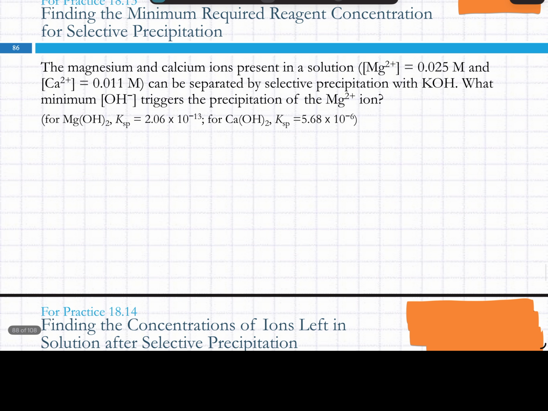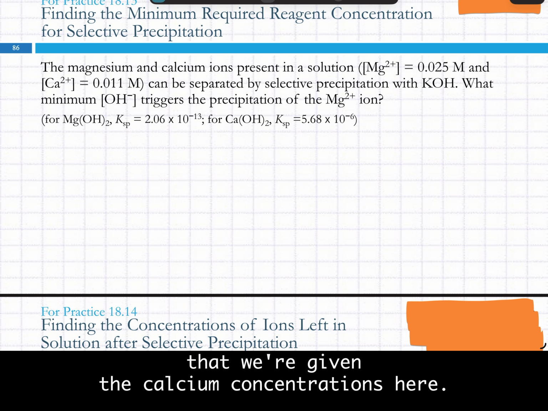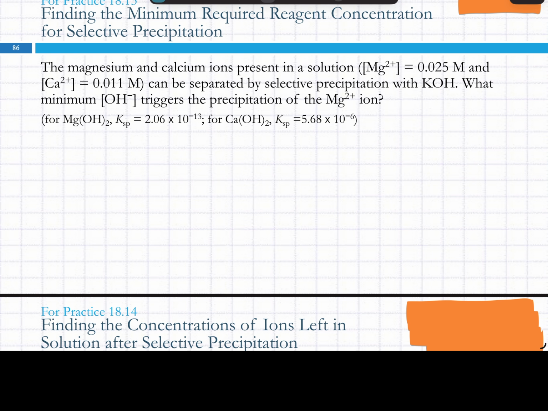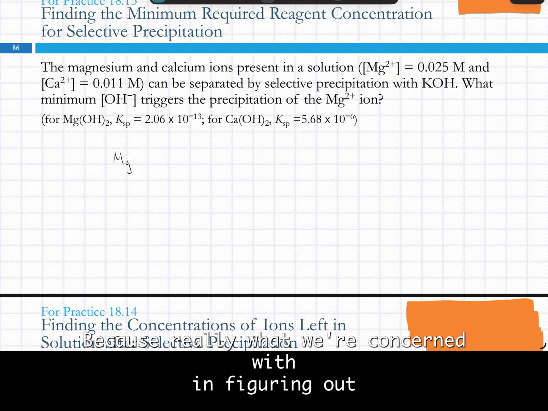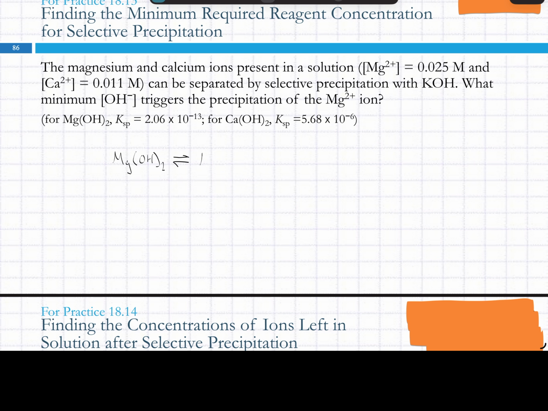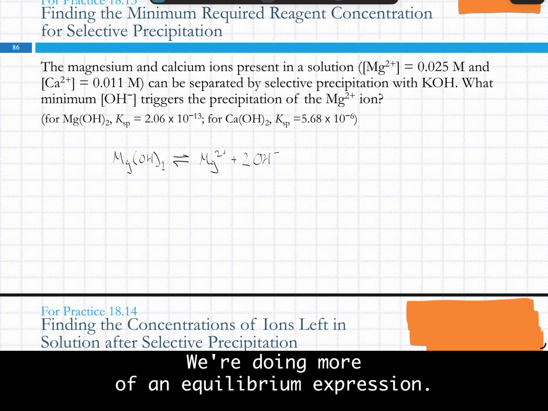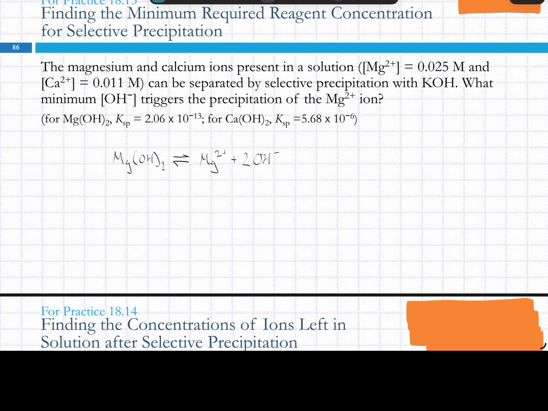Then really it's extra information that we're given the calcium concentrations here. Because really what we're concerned with in figuring out when the magnesium precipitates is taking the magnesium hydroxide, and we're looking at this reaction with 2 OH minus. And so we're not really doing an ice table here, we're doing more of an equilibrium expression.